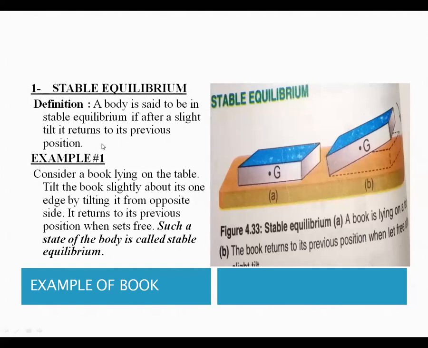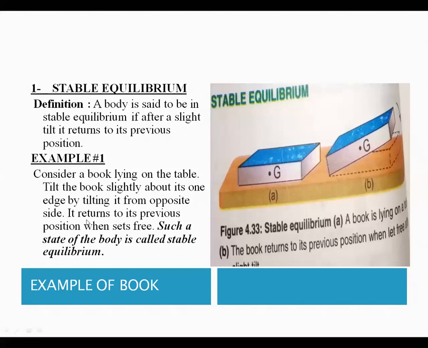So I have read the definition. This example is also written in your textbook as example number 1. Consider a book lying on the table. Tilt the book slightly about one edge. This is one edge, and this is the second edge. So I tilt the book from this side.